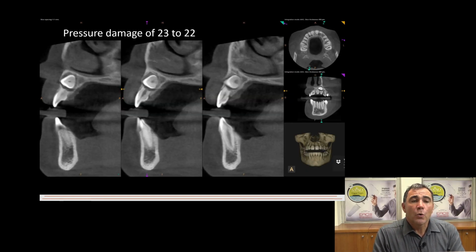Pressure damage caused by a canine, the 2-3 on the 2-2. This is a case that I operated on last week. If an unerupted canine does not appear by the age of 9, have it examined.